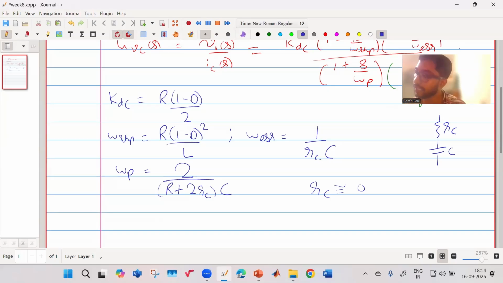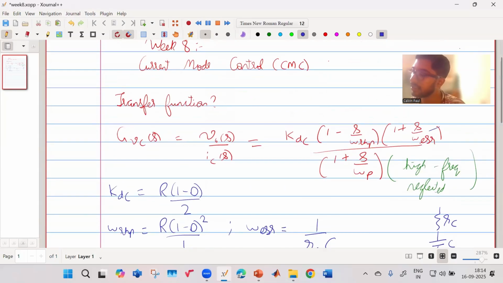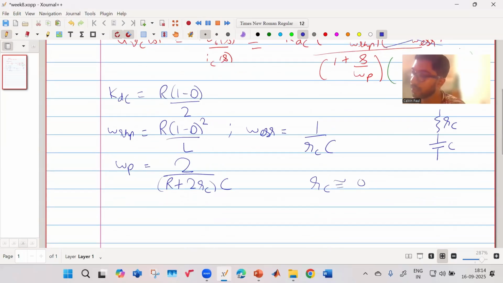If that happens, then the zero won't be there, and your omega p in that case will become equal to 2 upon RC. So again, these are important values which you have to remember because questions come on these.